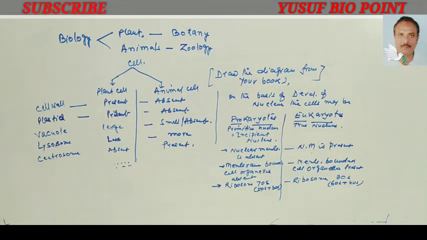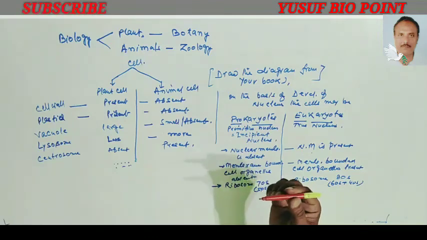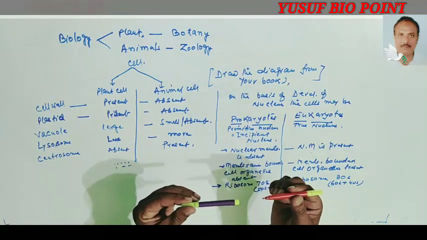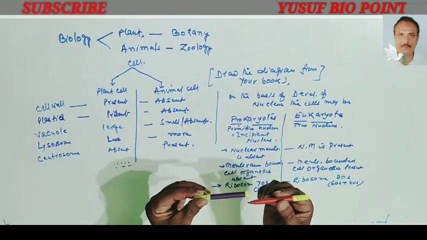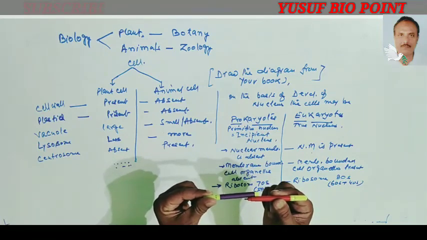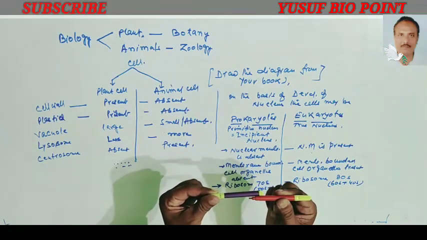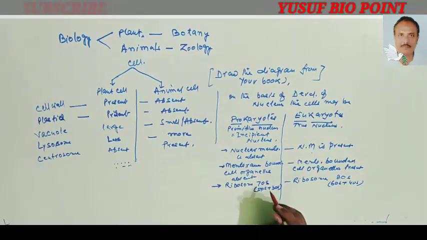Now you will be confused how 50 plus 30 is 80 but the total is 70. Suppose this is 3 inch and this is also 3 inch. Combined they are 6 inch, but when they bind to each other, the length decreases. So in such positions they are present. Means 60 and 40, but the total is 70 from this to this.